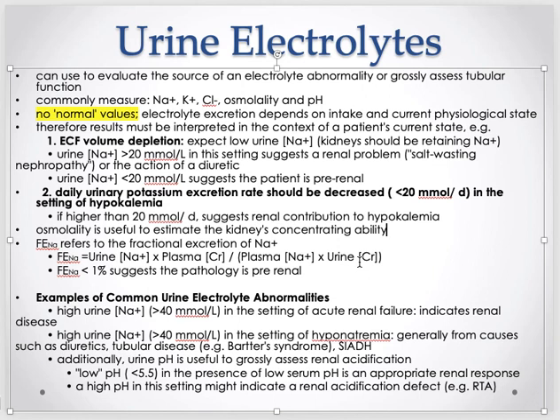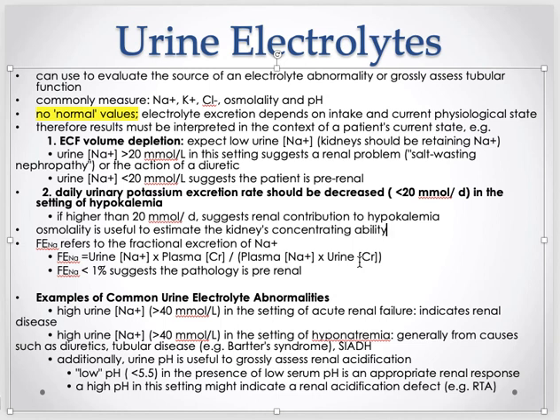So there are other investigations as well. You can do the urea creatinine, which I already talked about. You will do the urine analysis, and there are a lot of other investigations which we can do for the kidneys. For example, we can do a CT scan, ultrasonography, an X-ray.